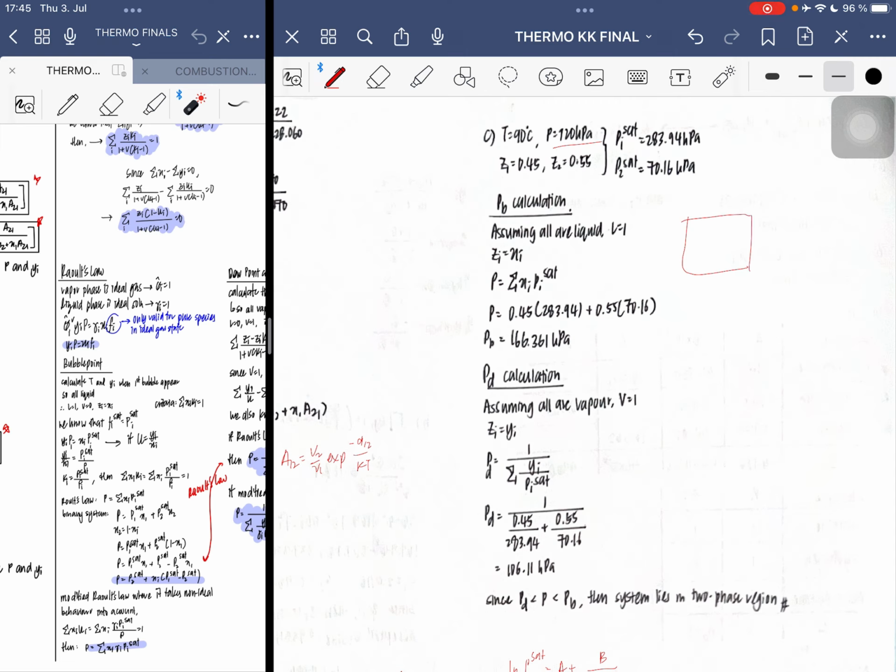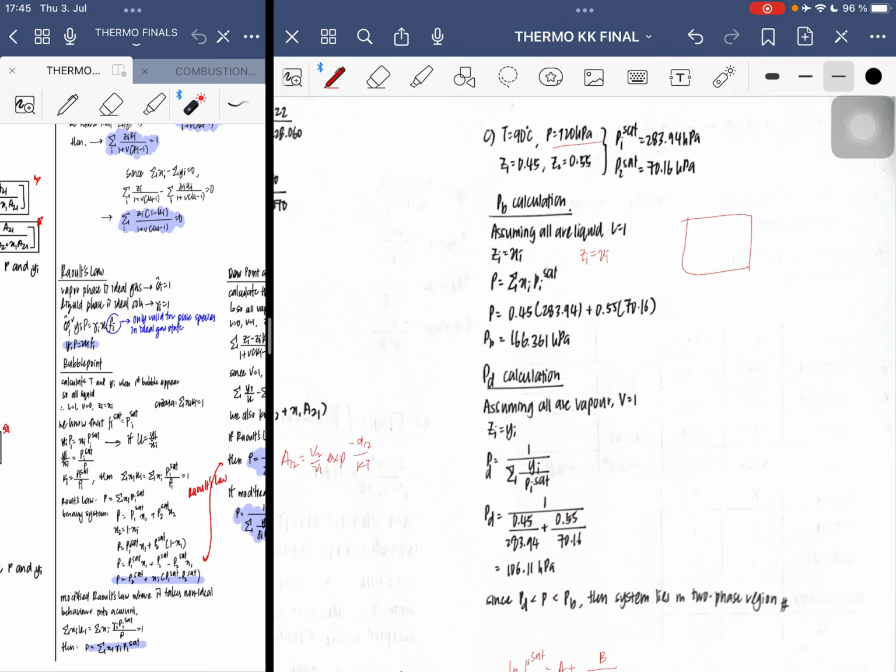So L equals 1, and your assumption will be Zi equals Xi, because every species in that system is liquid. Every mole fraction is just Xi, because Xi represents the mole fraction of liquid, whereas Yi represents the mole fraction for vapor. Since there is no vapor, the mole fractions they give here all represent Xi. So that is your assumption, Zi equals Xi.